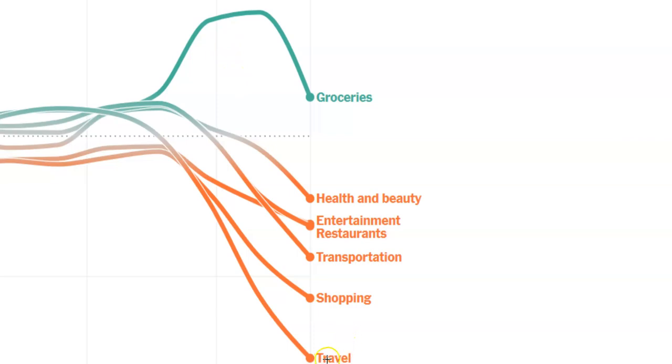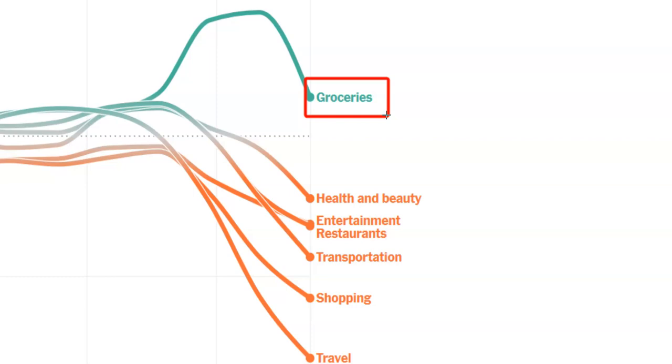For example, travel, shopping, transportation, the money was out. So people were spending less and less money on these particular sectors. Travel was the lowest. Groceries were the highest. So in the coronavirus pandemic, groceries were the highest.